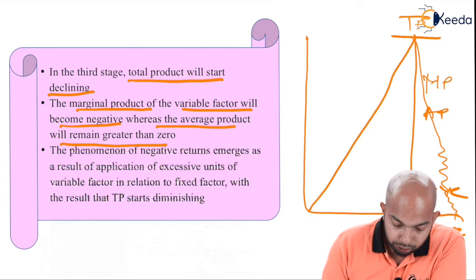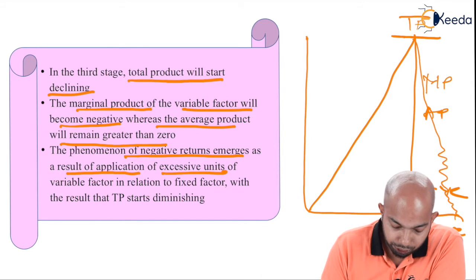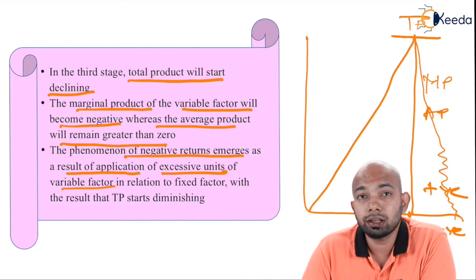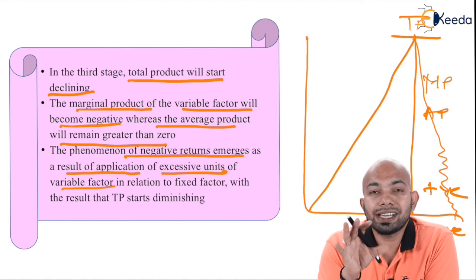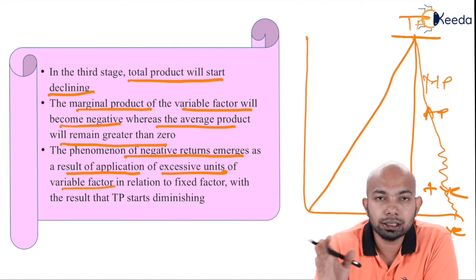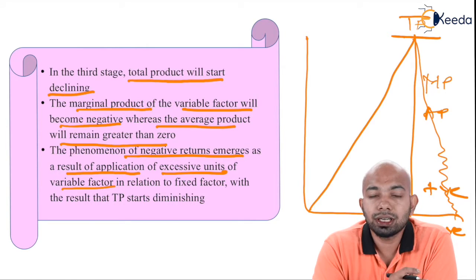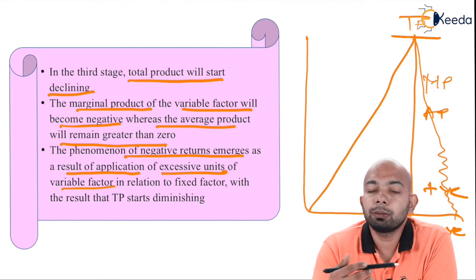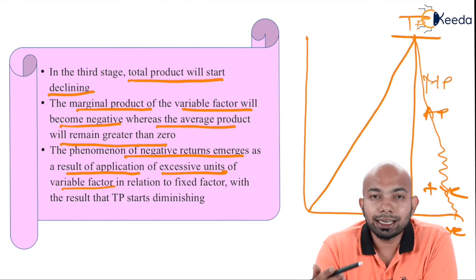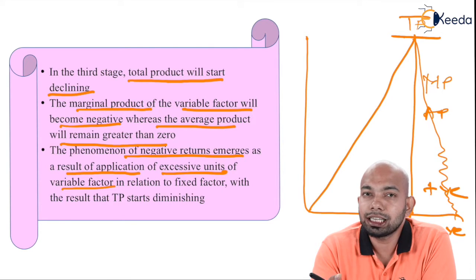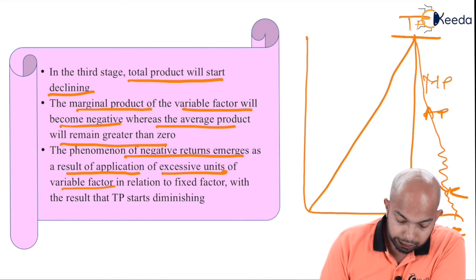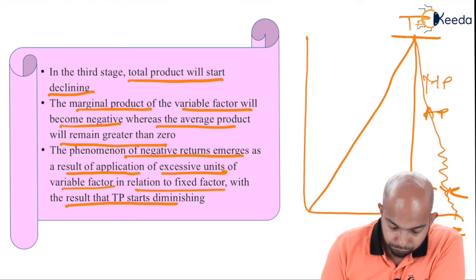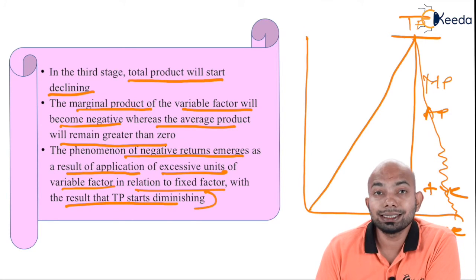Now, the phenomenon of negative return emerges as a result of application of excessive units of variable factors. Why does this negative factor come into the picture? Because we have fixed resources which have already been consumed. Now we are supposed to utilize all the variable resources, which again add to the cost of the product, and the more of those variable factors you utilize, the negativity of the marginal product will keep on increasing in relation to the fixed factors, with the result that total productivity starts declining.